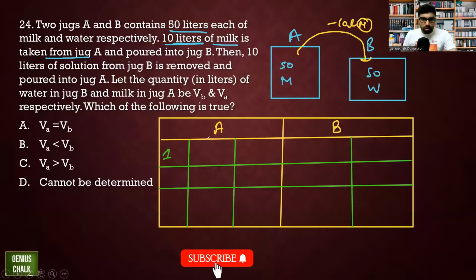So initially it was in this vessel A, it was 50 liter of, this was A, 50 milk. So here I'll write this is milk, this is water, and this completely is A only.